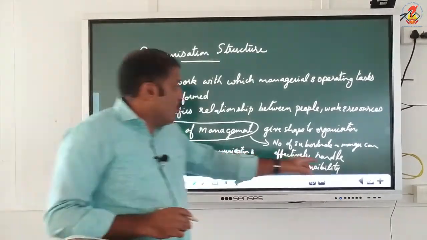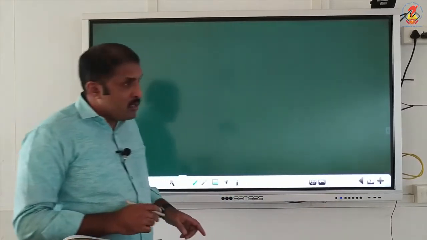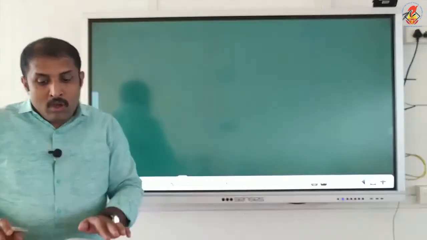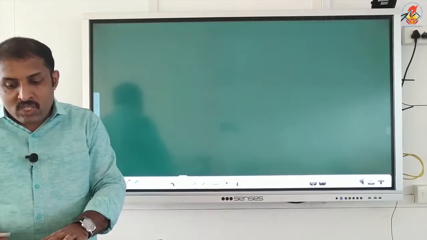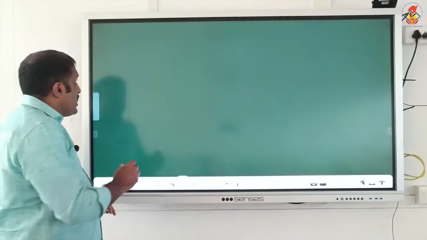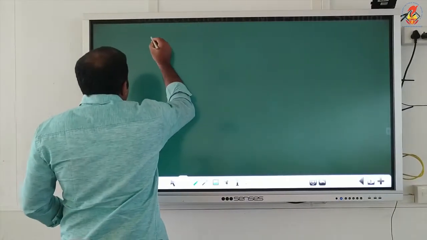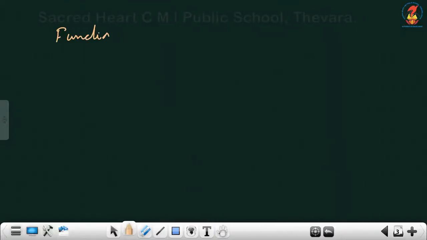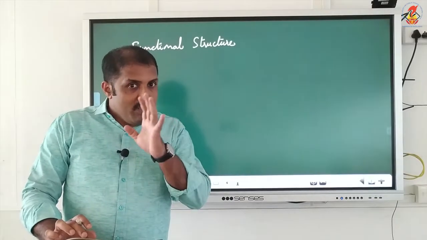Now, we have to understand that organizational structure can be classified into two types: functional structure and divisional structure.